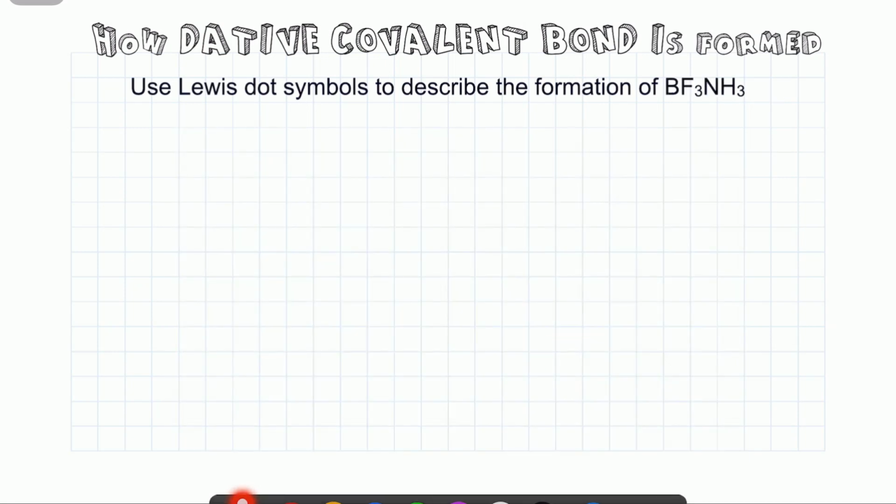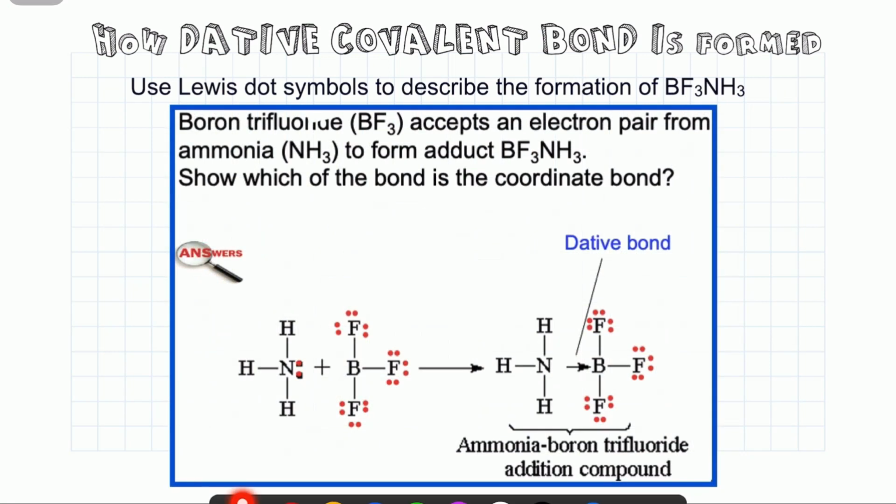Let's see the last example. This is the dative covalent bond between ammonia and BF3. You can see that nitrogen has one lone pair and it can share the lone pair with the boron. So this is the dative covalent bond formed when the nitrogen shares its lone pair with the boron.